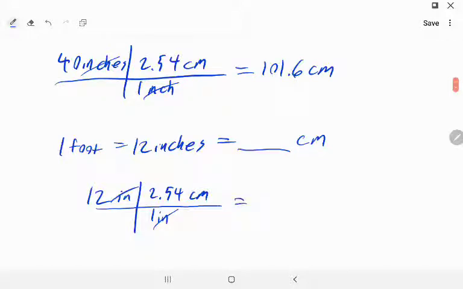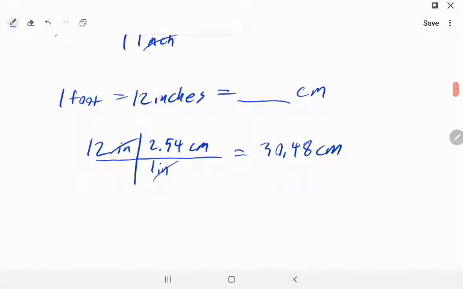We get 12 times 2.54, which is 6 times 5.08, which gives us 30.48 centimeters, which we recall from the previous section is 0.3048 meters.